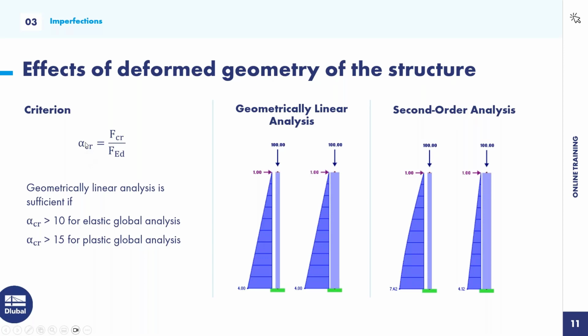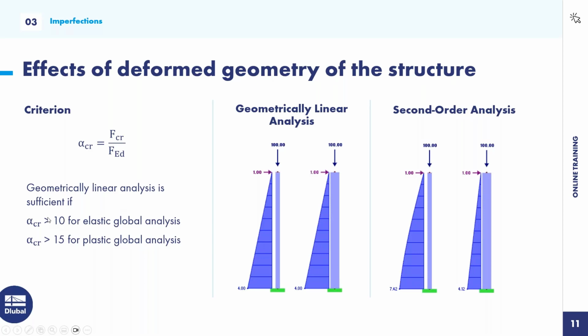And for steel columns, you can see the criterion on the left side here. There's a value that defines when a structure should be calculated geometrically linear or according to the second order analysis. If the critical load factor alpha crit is less than 10, then the system must be calculated according to the second order analysis.